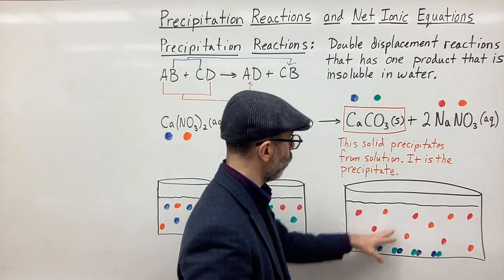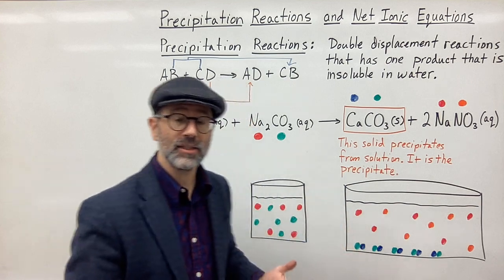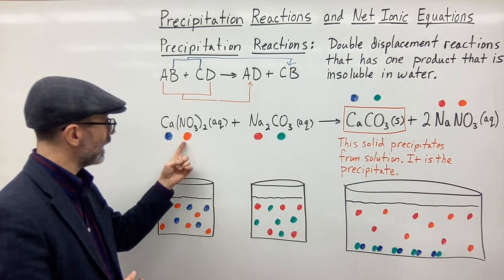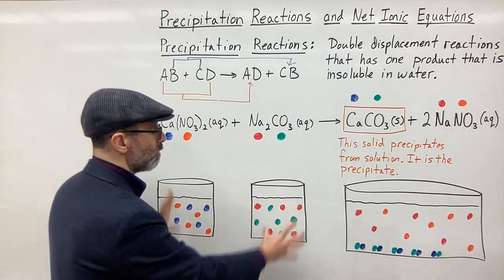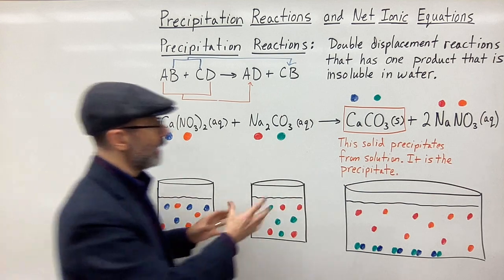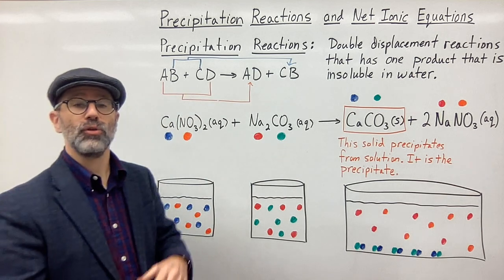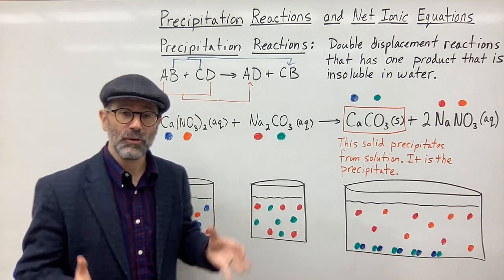The red and the orange ions are still floating around doing nothing. Nothing's changed with respect to the orange and the red. The nitrate and the sodium are still floating around. So they were floating around before they got mixed together, and they're floating around minding their own business after they got mixed together. So they're really not doing anything. They're not really participating in any reaction.